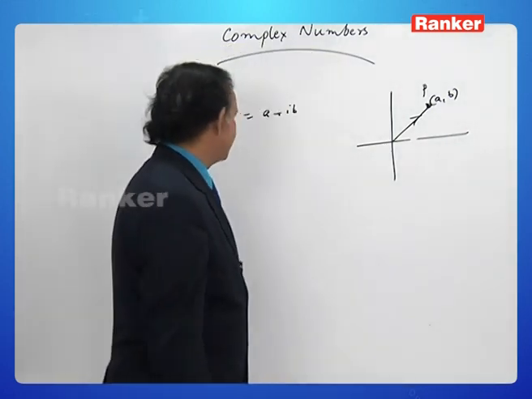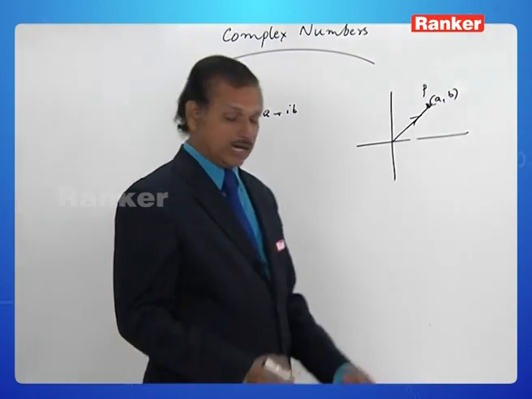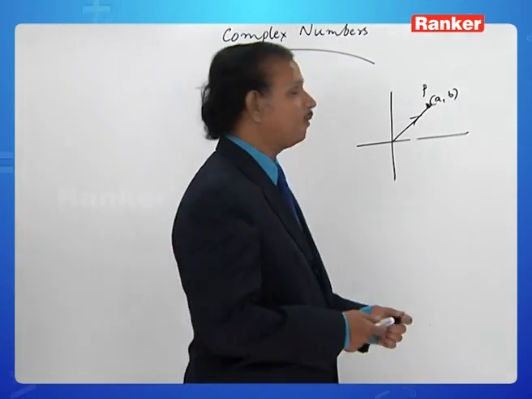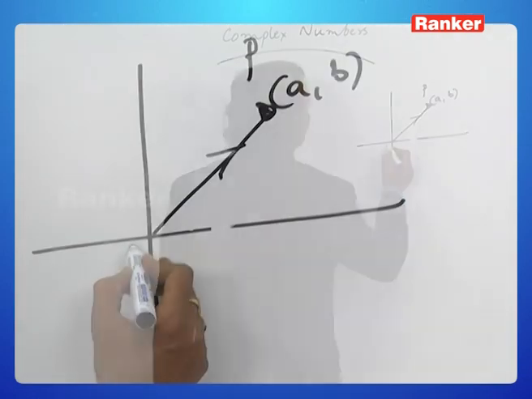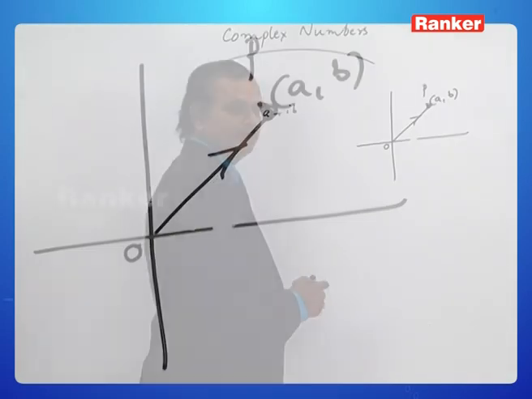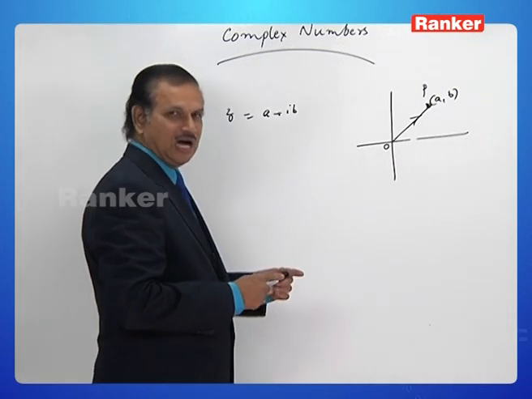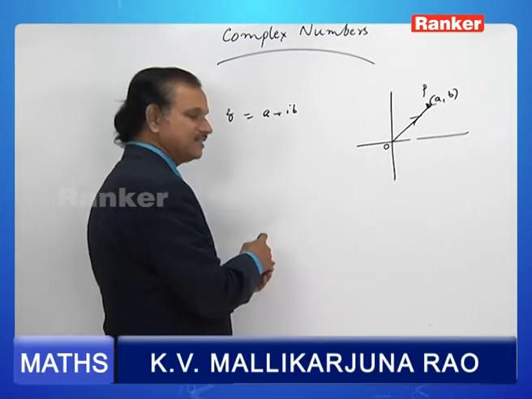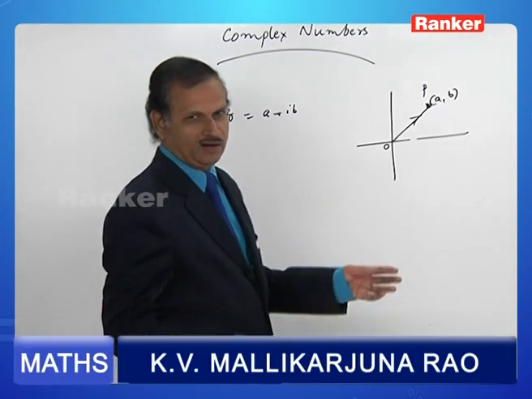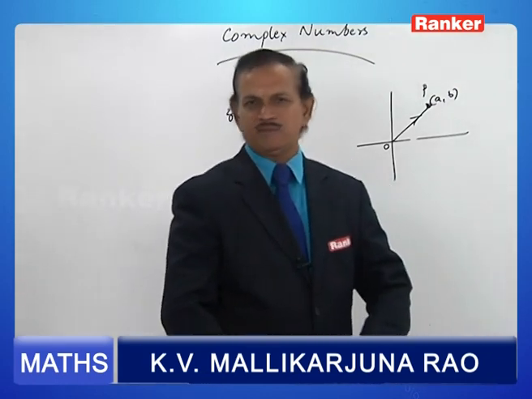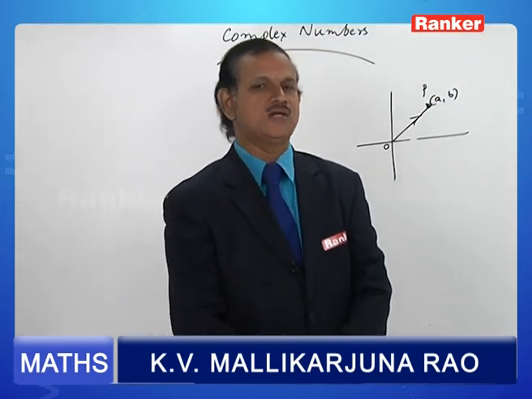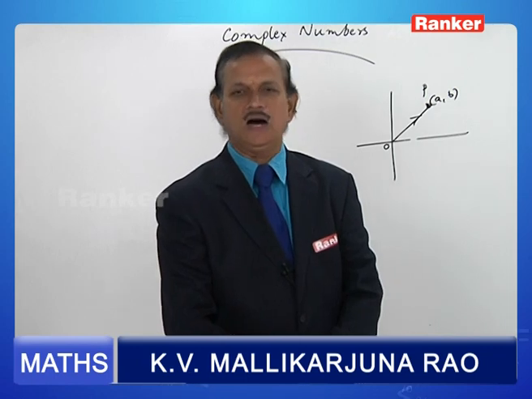The complex number z is equal to a plus ib can also be represented as the vector OP bar, starting from O. Well, this is the key point of representing a complex number z is equal to a plus ib on the orthogonal plane as a point AB, and not only that, as the vector OP bar.